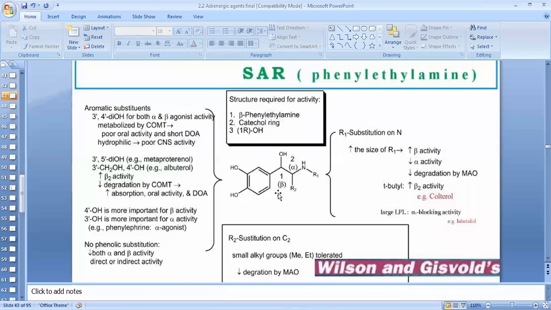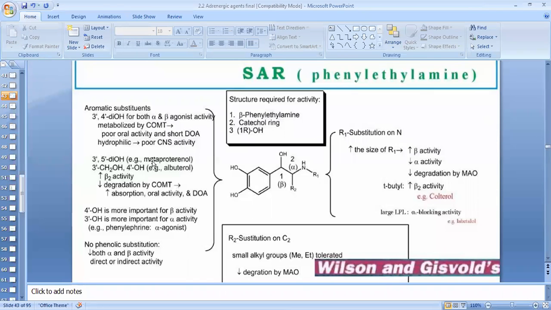That means there is presence of a beta hydroxyl group. It must be there in order to show adrenergic type of response by all these drugs. Now we have seen this is the main basic criteria that should be followed, should be contained by these adrenergic drugs.